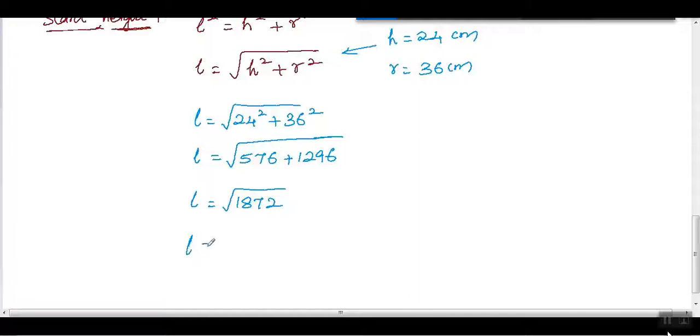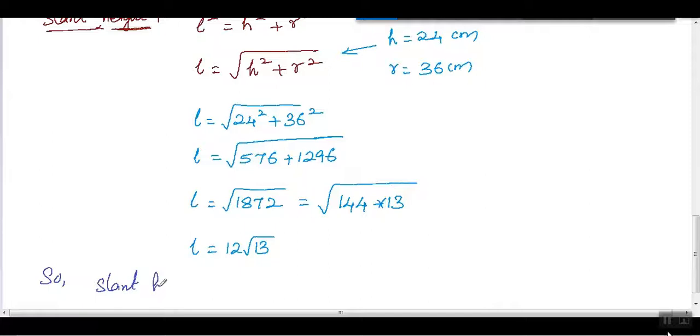We won't get a perfect square root value here, so just simplify this. 1872 can be written as 144 times 13. So the root of 144 becomes 12. So we can conclude that the slant height of the conical heap is 12 into square root 13 centimeters.